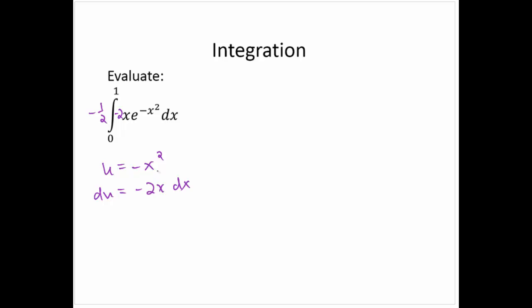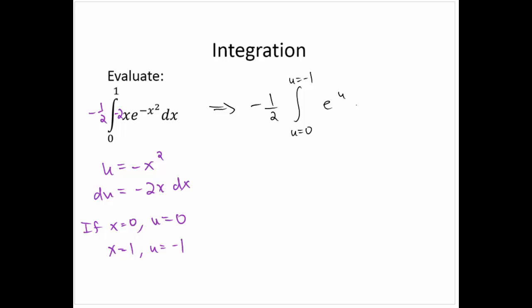Now, if u equals negative x squared, if x equals 0, u equals 0, and if x equals 1, u would equal negative 1. So I can write this in terms of u. This would be negative 1/2 integral from u equals 0 to u equals negative 1 of e to the u du.